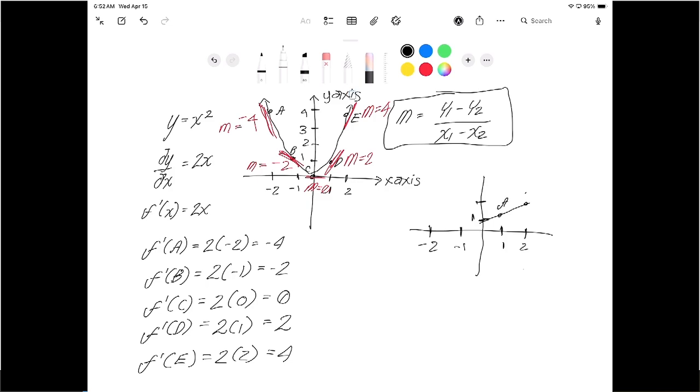So we'll take point A and point B. So m equals 2 minus 1 over 2 minus 1, that equals 1. So the slope right here would be equal to 1. And we can do this because it's a line. A line will always have the same slope, but a higher degree function, just like y equals x squared, won't have the same slope at every point.